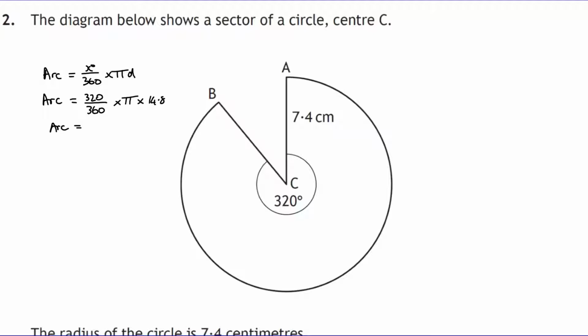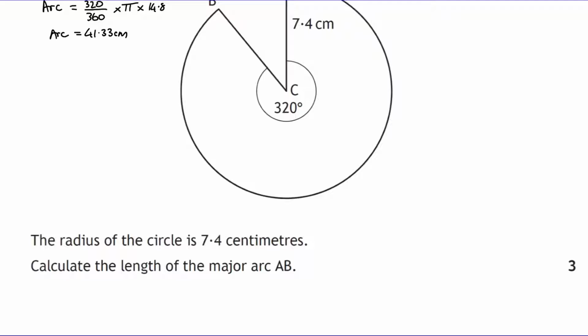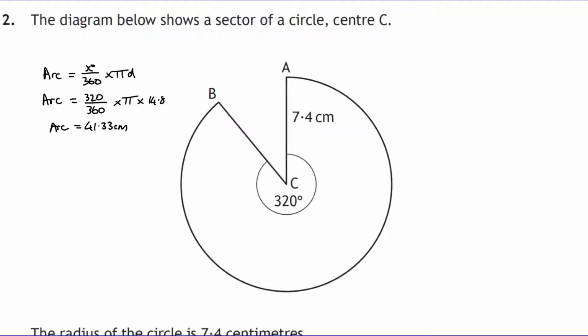If you type that into the calculator, that should give you an answer. So 320 divided by 360 times pi times 14.8 gives us 41.33. That's centimetres. Let's check that there was no rounding required. No rounding required, and that's the question completed.